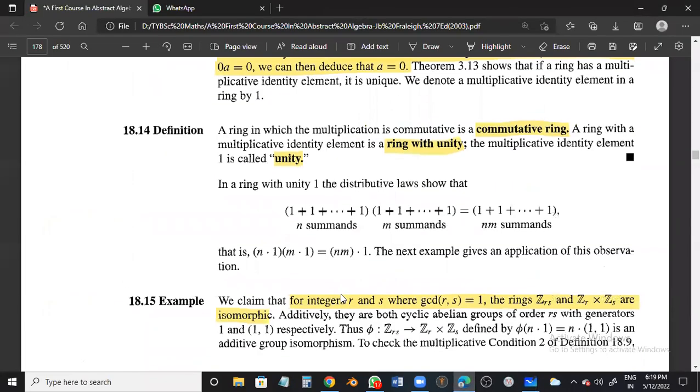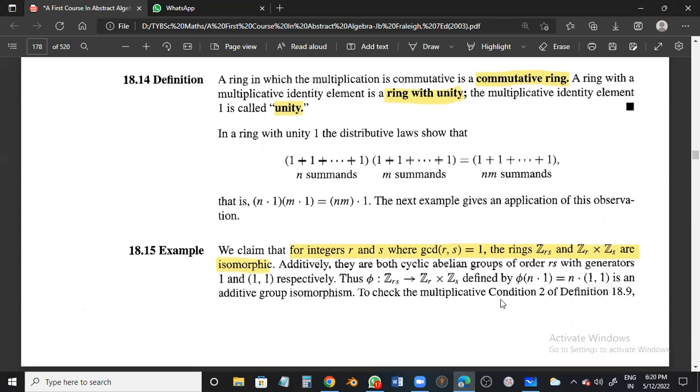In the same way you can go for scalar multiplication of the numbers also. To be more clear, you can see over here. Always we can write this as 1 plus 1 plus and so on, n times, so n summands. This is 1 plus 1 plus and so on, m summands. So naturally the product is going to be nm summands. So n times 1 multiplied by m times 1, I can always write as nm times 1. So this is what you have.